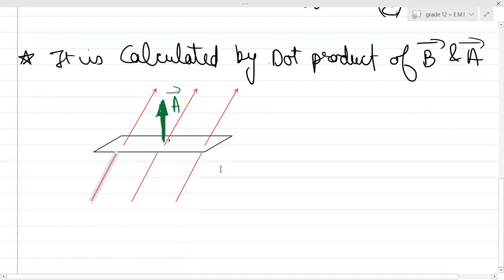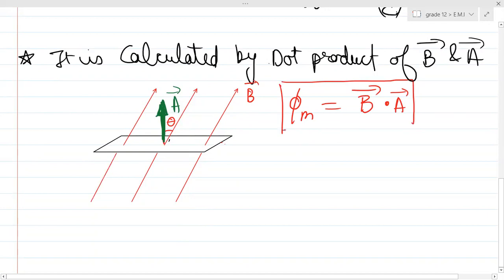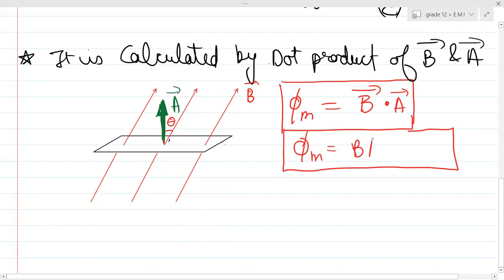Have you understood now? So basically, can everyone see a magnetic field like this, and an area vector like this? This is the surface. It has the area A, and if the angle between them is theta, then magnetic flux will be defined as B dot A. You can write this also as B A cos theta, where theta is the angle between them.